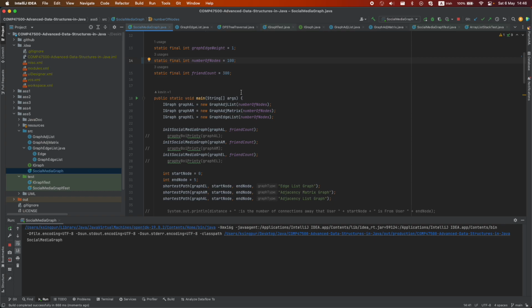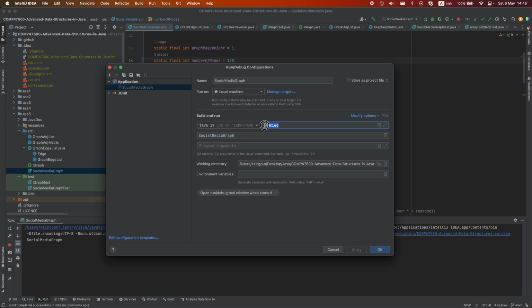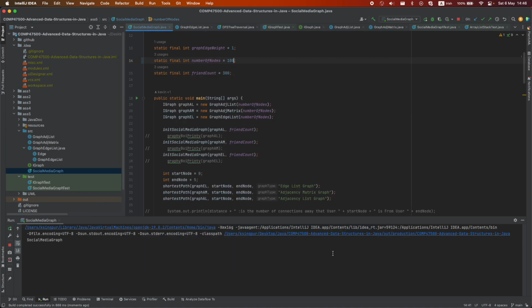And we should find, it's very random, but because of the generating factor, we should find that the matrix starts performing better. One thing to note here is that I had to append extra RAM in my run configurations so I don't run out of memory while doing these calculations.